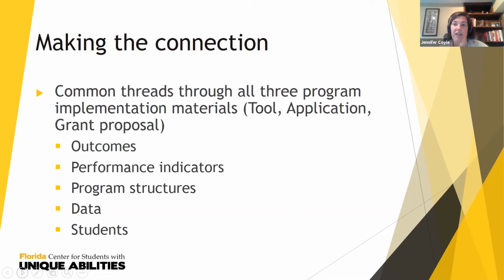So back to those bolded items throughout. Common threads between the 3 different things. We saw a lot about outcomes, performance indicators, outcomes. All of these bullets are within all 3 pieces. And at the end, I've added students because I think sometimes we forget why we're doing all of this.